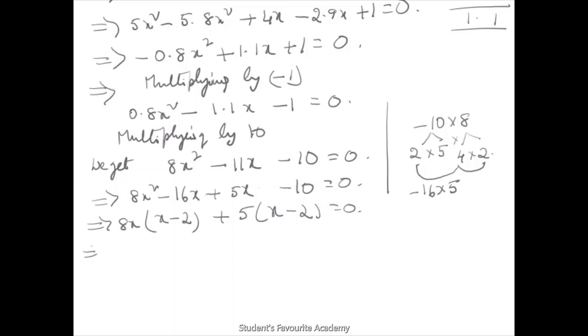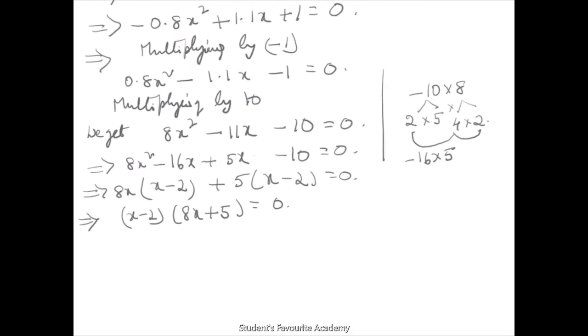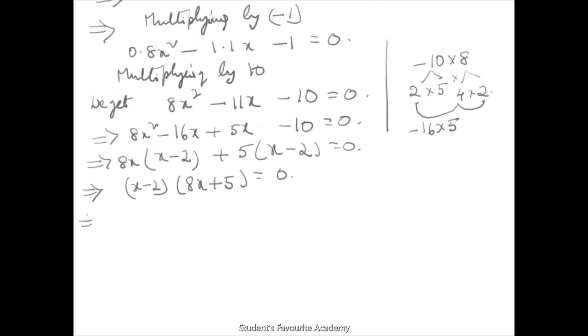So this implies x minus 2 into 8x plus 5 is equal to 0. So it implies either x minus 2 is equal to 0 or 8x plus 5 is equal to 0.